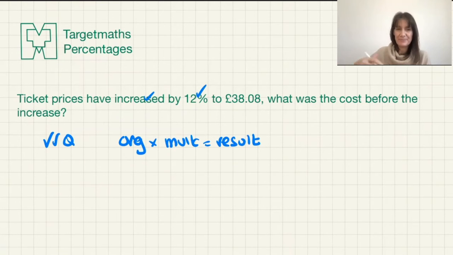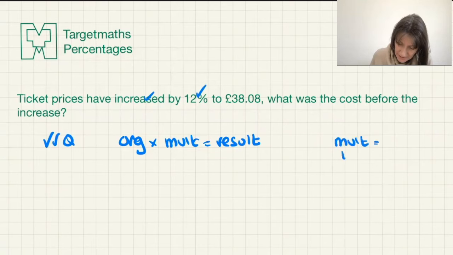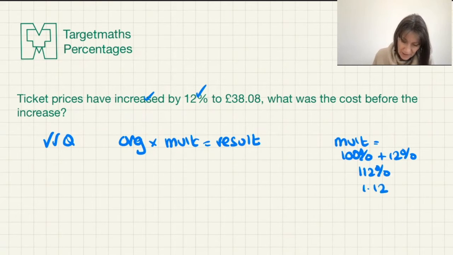Okay, my multiplier is 100% plus 12%, which is 112%. So that's going to be 1.12. Ticket prices have increased to 38. So 38 is not the original. You've got to be really careful.